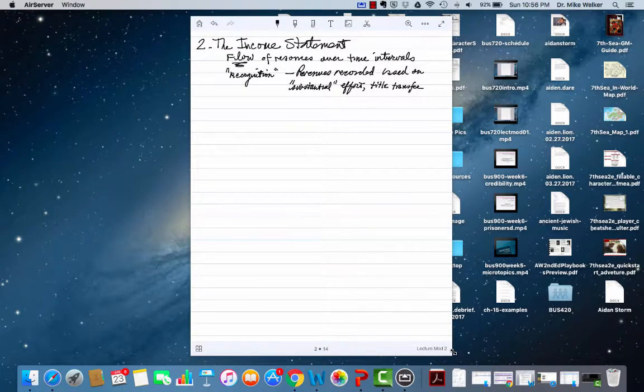The expenses that are required to generate these revenues are matched to the revenues, following basically an accounting protocol. So expenses are matched to the revenues that are generated.